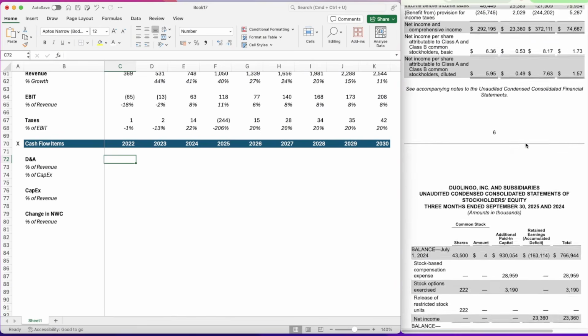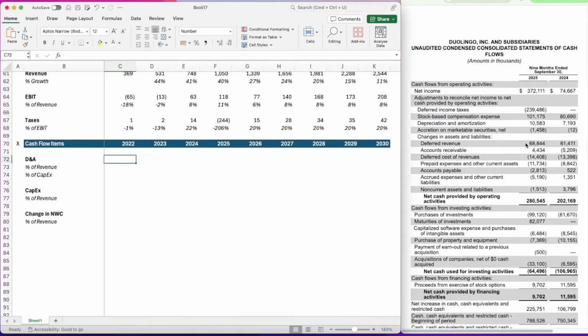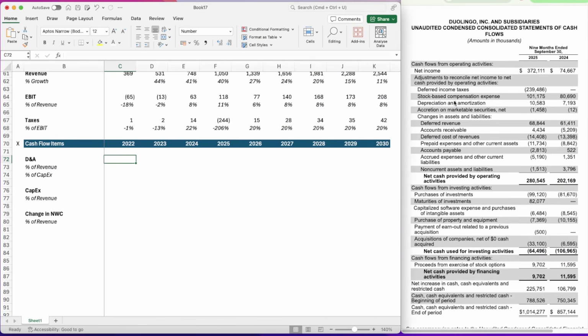To find these, we go on to the cash flow statement, which is here. We need this line. We sum whatever's in here, and we purchase a property and equipment.